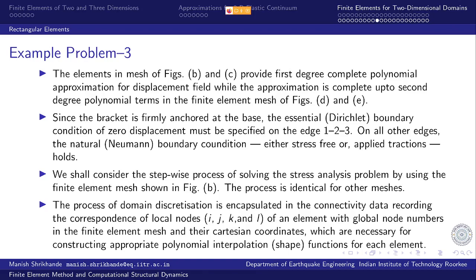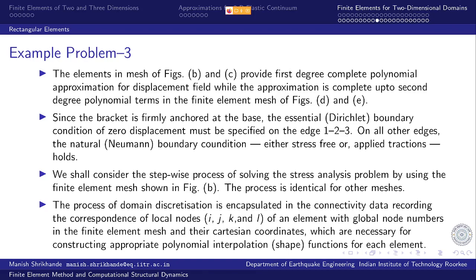It doesn't matter for the construction of approximation and development of the element equilibrium equation. So in the computational engine we always refer to the local node numbering of the element, and the interpolation functions are all referred to the local node numbering of that element.